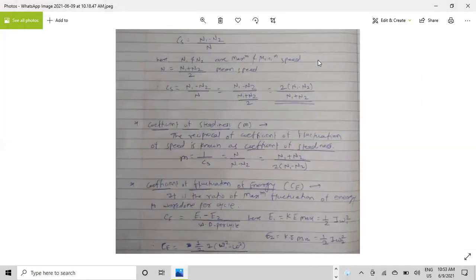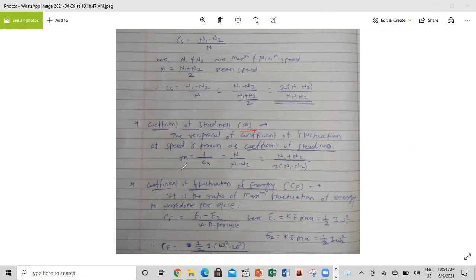coefficient of steadiness. The simple definition is that it is the reciprocal of Cs, the coefficient of fluctuation of speed. It is denoted by small m.